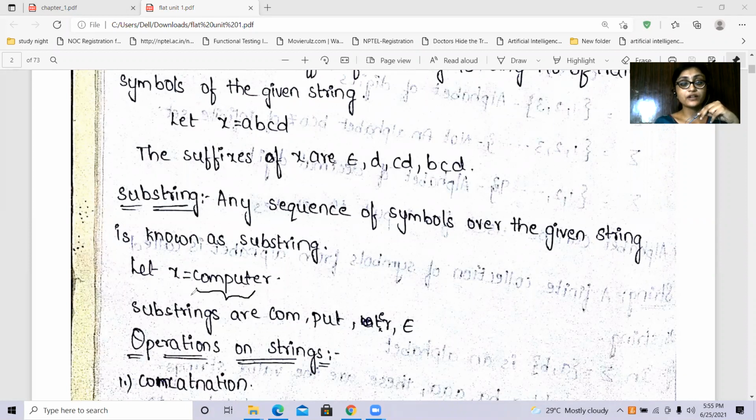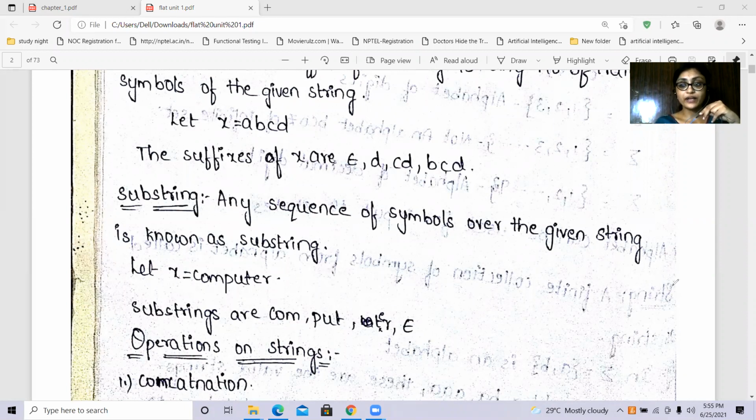Then this computer can be divided into various substrings like COM, CO, MP, UT, ER or PUTER. Like this, any subpart of that given string can be considered as a substring.